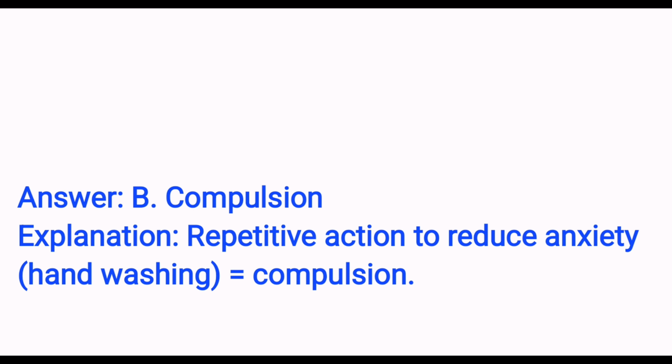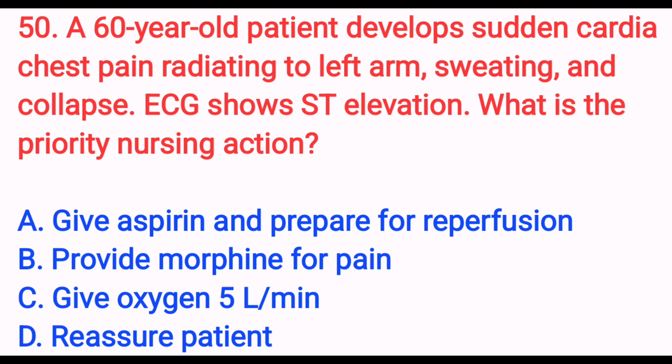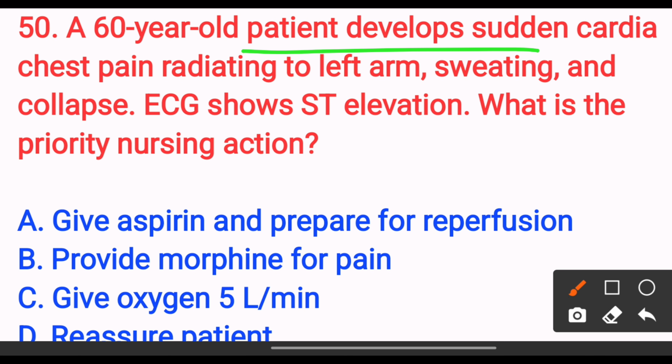Next, a 60-year-old patient develops sudden cardiac chest pain radiating to the left arm, sweating and collapse. ECG shows ST elevation. What is the priority nursing action?